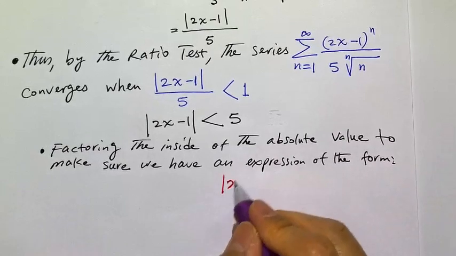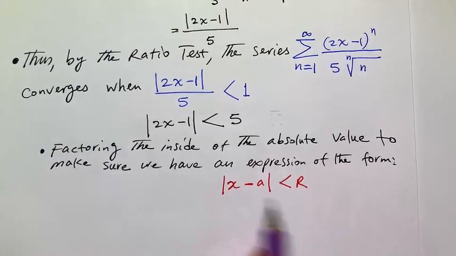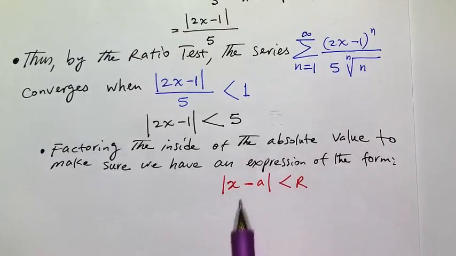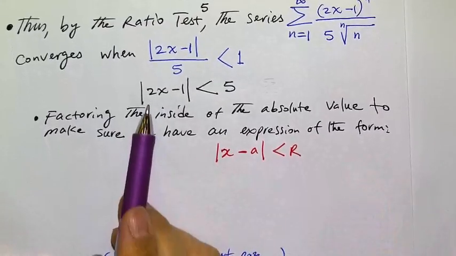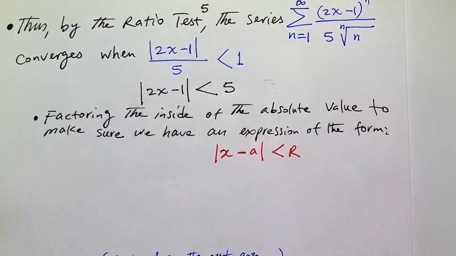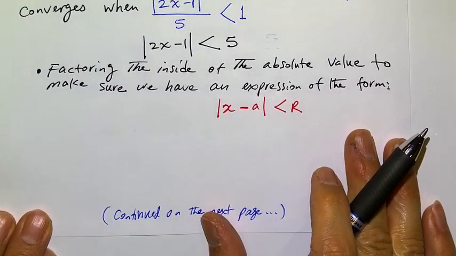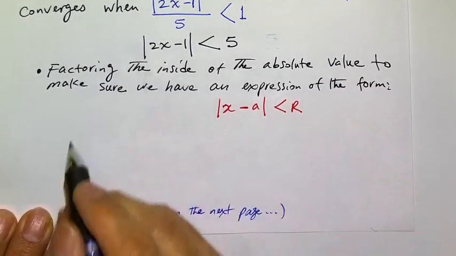It should be of the form absolute value of x minus a less than r. Remember, that's how the expression should look. It's not, so we need that to be positive 1. It's just an easy algebraic manipulation to factor that out.